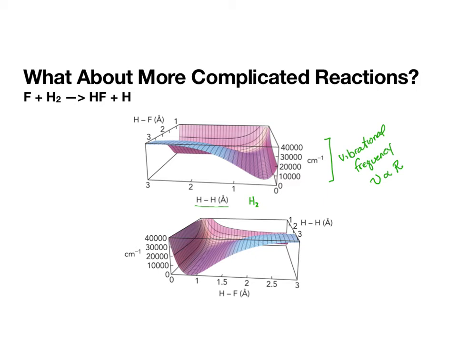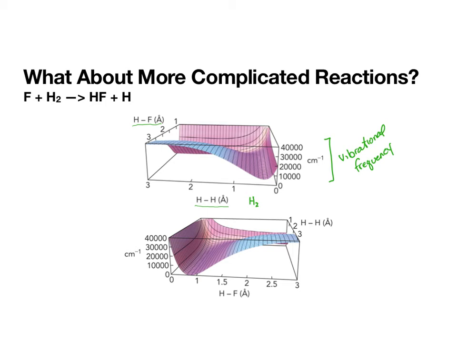And then on another axis, we will map the HF bond angle or bond distance, and we will ask what is the energy of this bond. I'm going to erase this because we're going to further explain it.